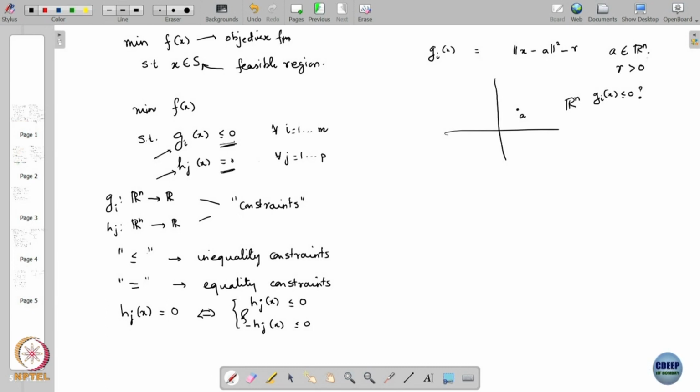I have fixed some r greater than 0, I have fixed a in R^n, and I am looking at the function g_i(x), which is norm of x minus a the whole square minus r. Now, here is my point a. Tell me what sort of region satisfies g_i(x) less than or equal to 0. So this is a sphere of radius r centered at a. So this is this entire region.